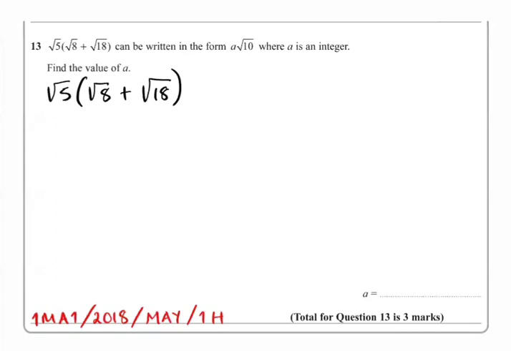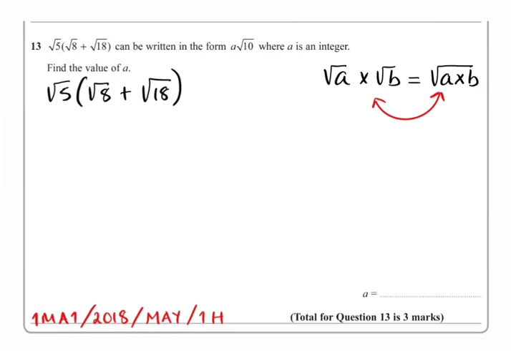Now, the law of multiplication says root of a multiplied by root of b is exactly the same thing as square root of a times b. These two forms are interchangeable. I can either go in this direction or go in that direction, depending on what I am trying to achieve in a question.